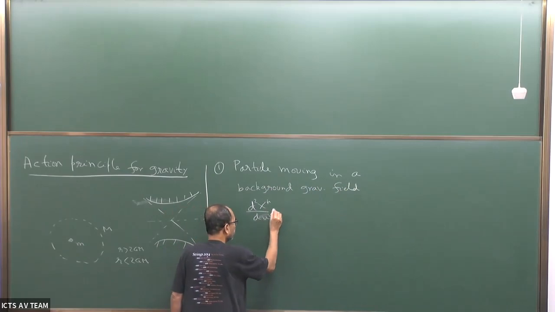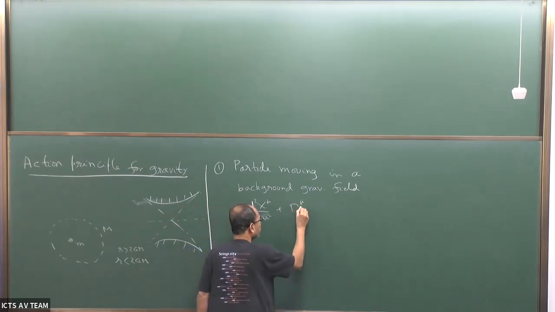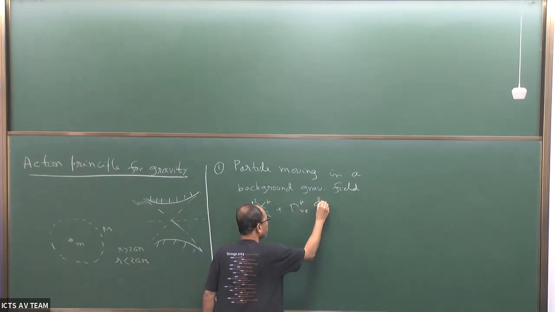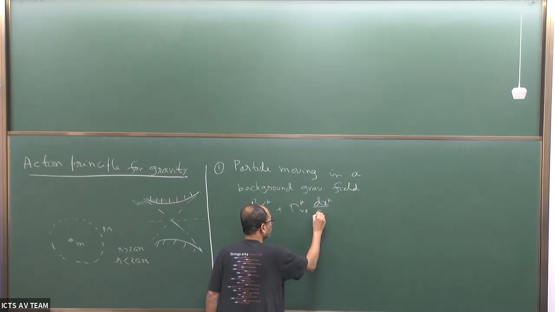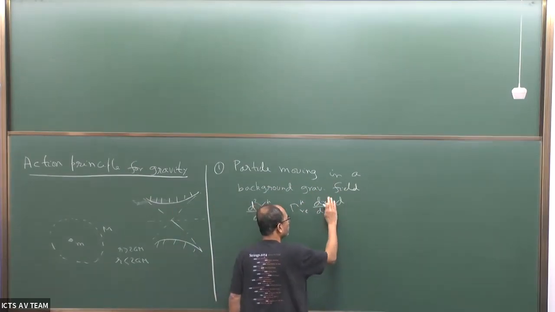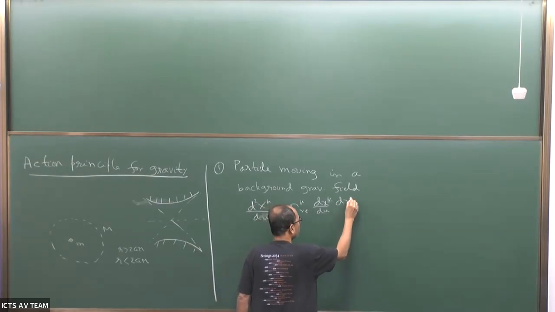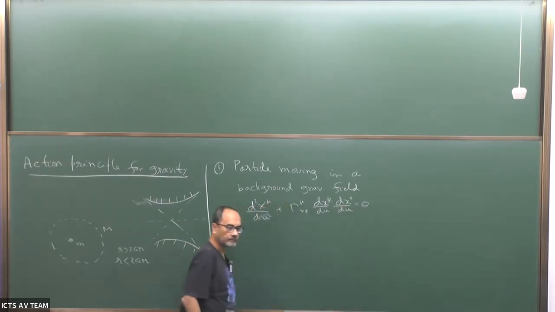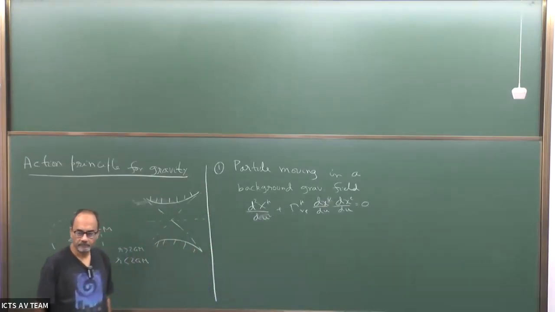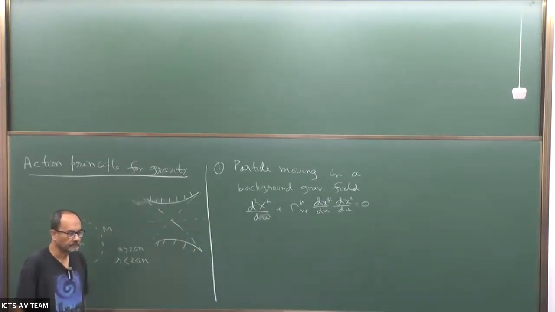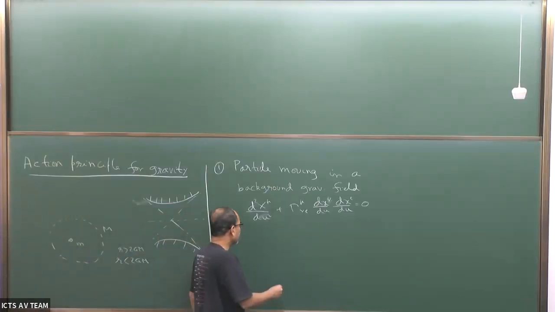U square. Where u is the affine parameter.